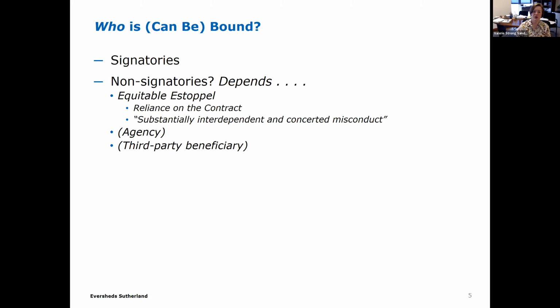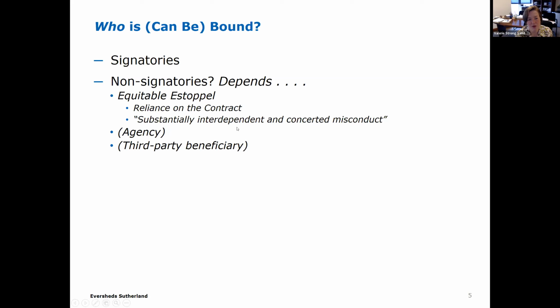And again, first principles, you can't say, please court enforce this part of a contract and not this part. So you will sometimes see in the cases notions of agency and third-party beneficiaries in this sort of non-signatory arena.